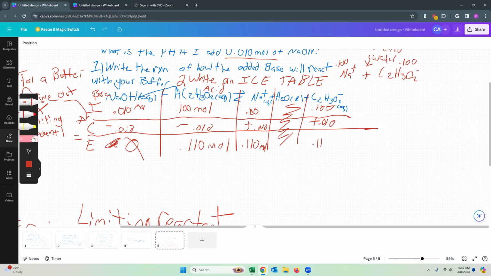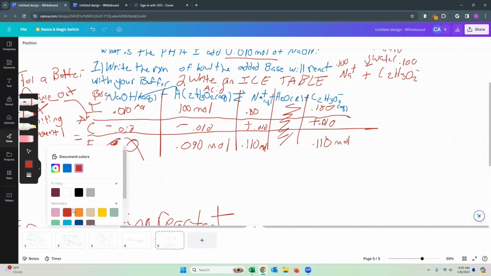Whoops, I did my math wrong. You're all probably screaming. All 5 of you who made it this far in the video are screaming at me. 0.090 moles of acid and 0.110 moles of base. Right, so we found out what our limiting reactant was. Then we subtracted that from our ICE table, sorry. Now we are ready for step 3.